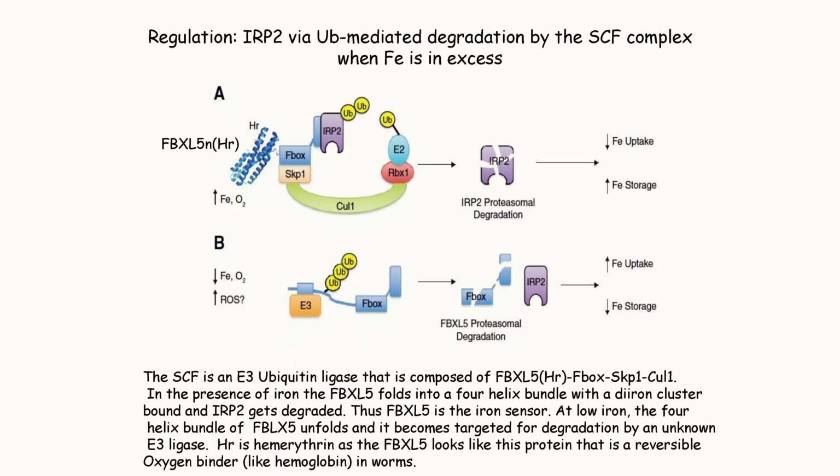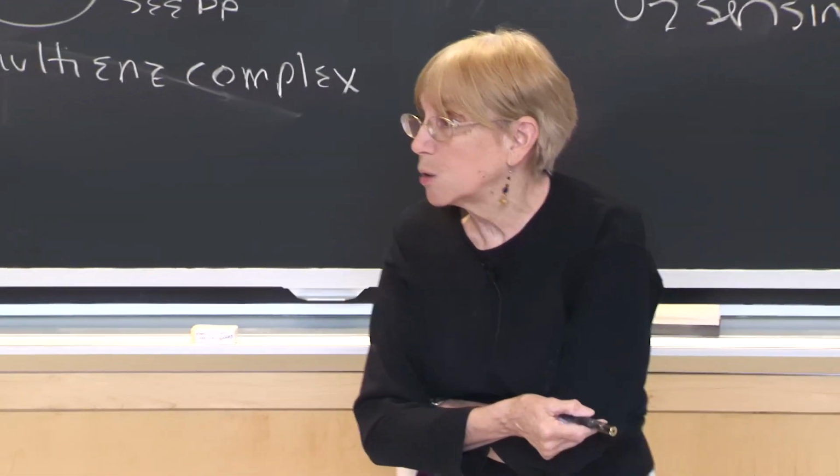I don't expect you to remember the names, but remember I told you the E3 ubiquitin ligase is the one that does what? It attaches ubiquitin onto the proteins, targeting them for degradation. So this little part is the ubiquitin ligase. Here's your E2. Remember, you always need an E2 and an E3. Somehow the E2 is attaching this onto the IRP2, which is targeting it for degradation by the proteasome.